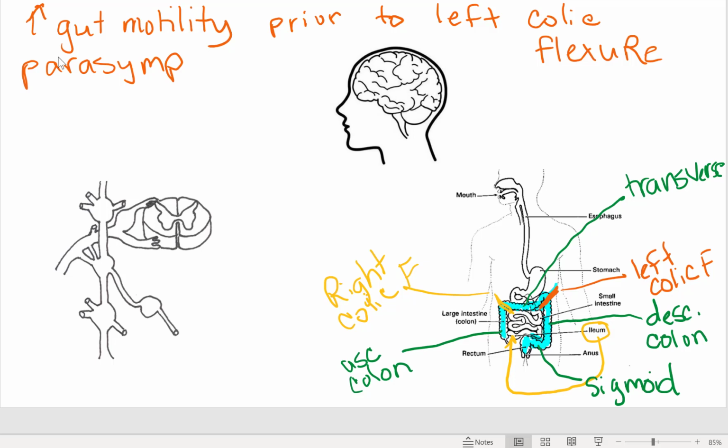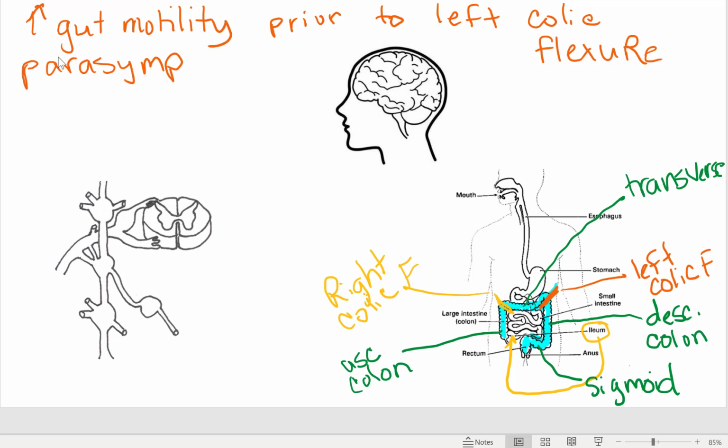It has postganglionic partners that would innervate the smooth muscle found in your gut. That's what we're talking about right now. And if the parasympathetic division has more control, you would have more gut motility in these structures that you're seeing in the picture on the right-hand side.